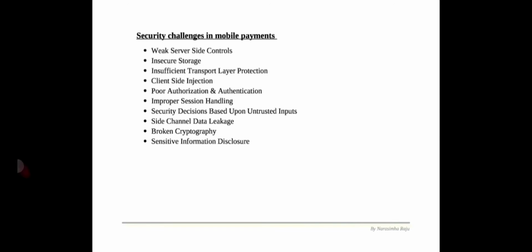And the next type of security challenge in mobile payments is poor authorization and authentication. Authentication and authorization are critical controls for every mobile payment application, since they not only authenticate the user but also authorize the payment. Weakness in authorization might allow impersonation attacks with stolen data, such as stolen tokens used by a different device. Here, transaction verification plays a vital role and needs to complement tokenization efforts.